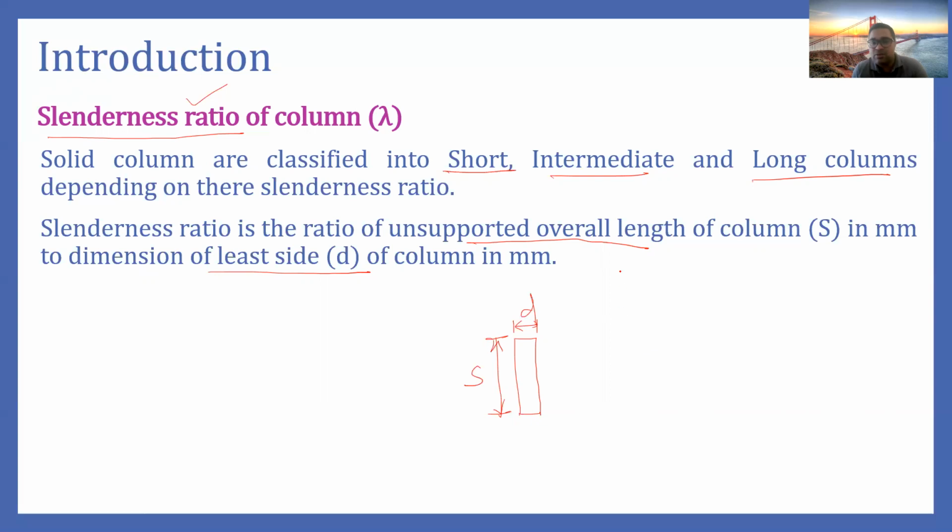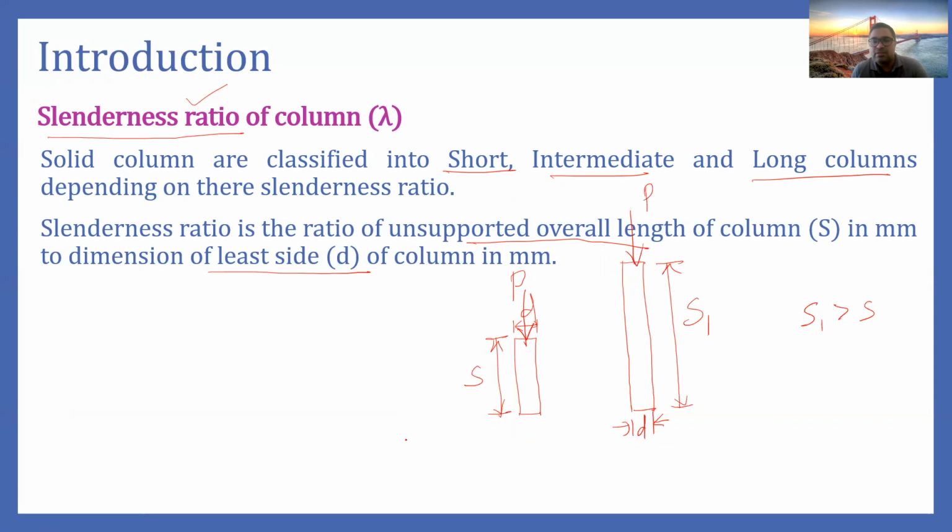Similarly, if we have another column, say it is a longer column, this dimension is the same as in this column, which is D, and because it is longer than this one, we may name it, say, length S1, but we know that S1 is greater than S. Now in both cases a compressive load is applied, say P load is applied on this column and on this column also.